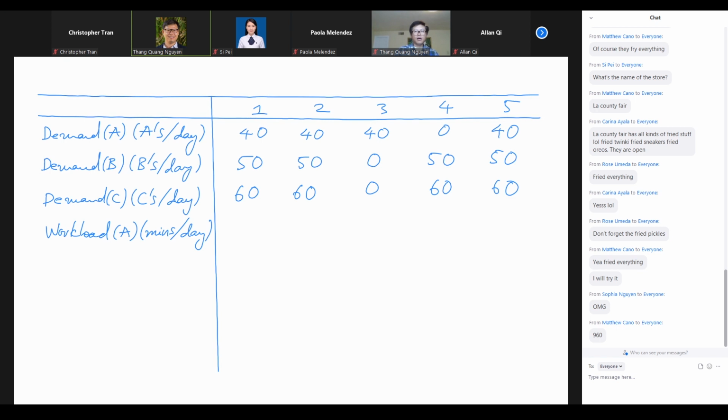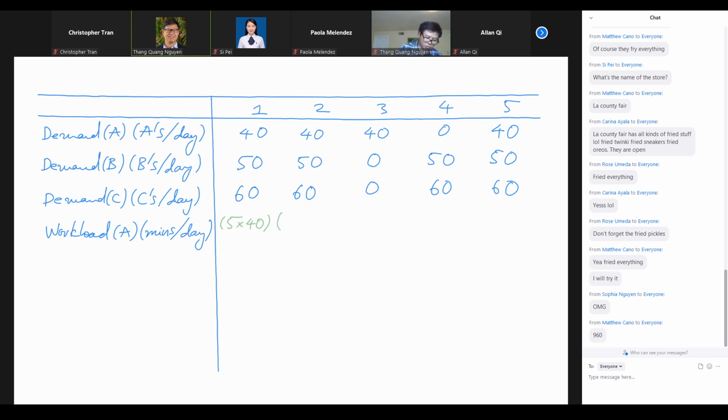I look at the table right now and you can see that it takes 5 minutes to process one ice cream through station 1. But because there are 40 units of ice cream, we take 5 times 40 to have the number of minutes required at station 1 for the ice cream.